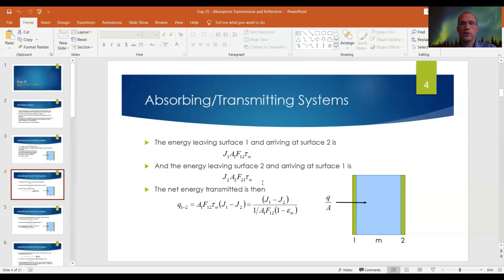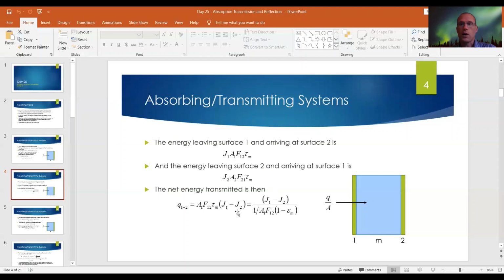I do the same thing backwards. Leaving surface 2 and arriving at surface 1, I have J2, A2, F21 times the transmissivity. And A1 F12 is the same as A2 F21 from my geometry view factor considerations. So for the net energy transmitted, I take A1 F12 tau out of both of those terms, and one minus the other is the net energy going back and forth: A1 F12 tau_M times (J1 minus J2).